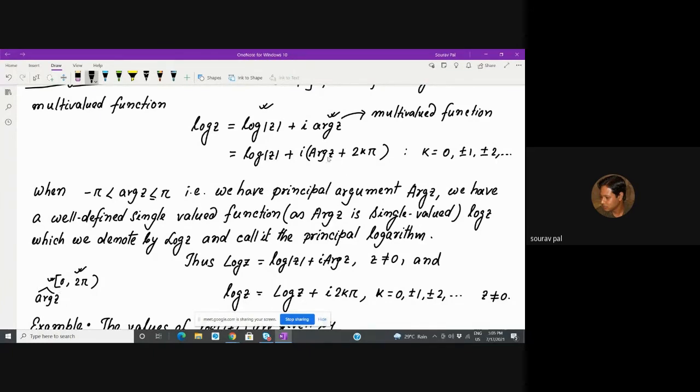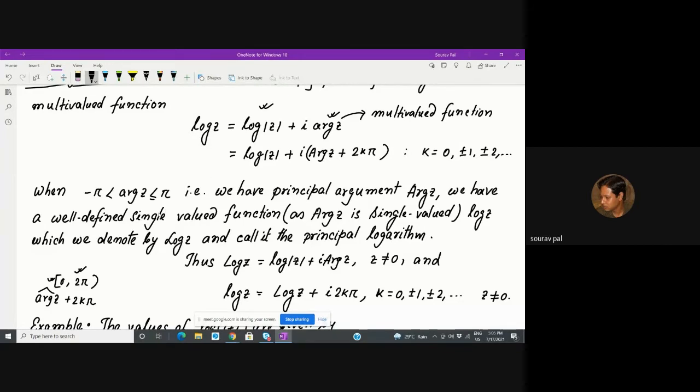And indeed, you will get all the values of log z in terms of this argument. Here we are getting all the values of log z in terms of the principal argument. But nevertheless, you can choose any half open interval of length 2 pi. You have a single valued function arg z on that interval, and you can get all the values of argument in terms of that argument. And consequently, you have all the values of log z.